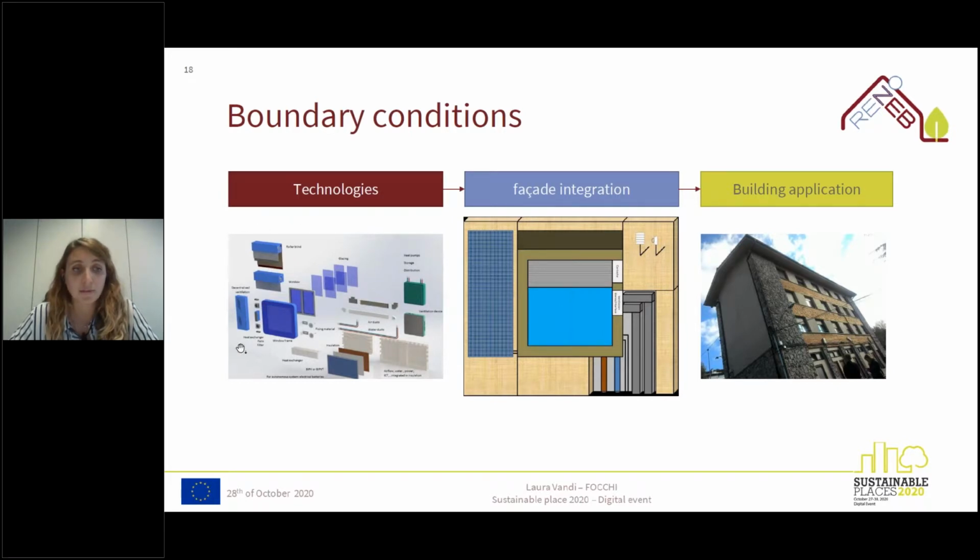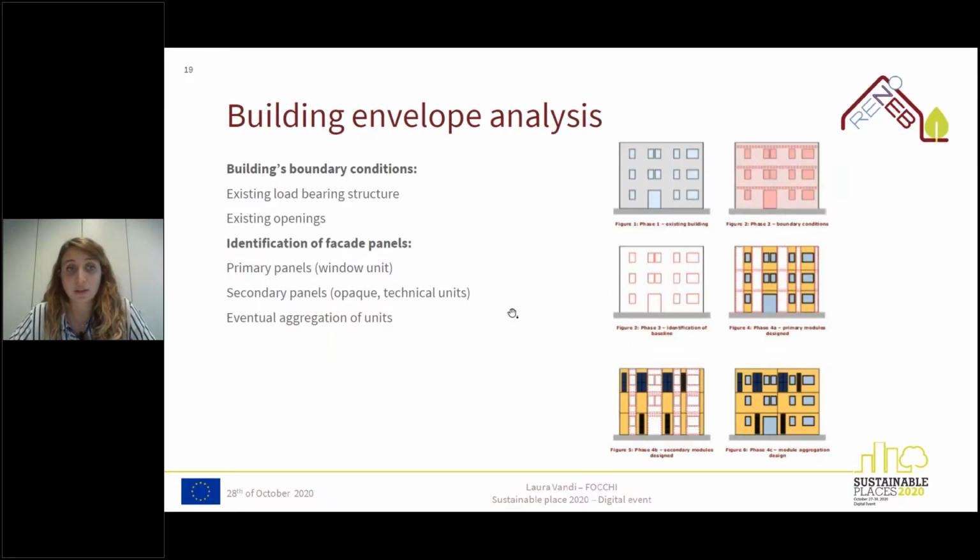So once we have defined the technology for the plug and play, there is the facade integration, but this plug and play facade has to apply to the existing building envelope. So the second step is the analysis of the building envelope in order to find the boundary condition for the designing process.